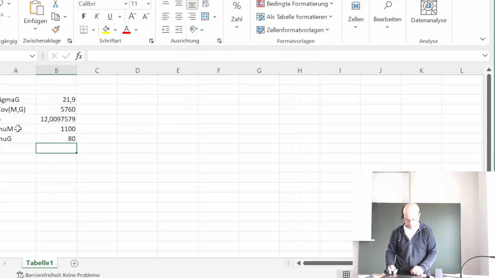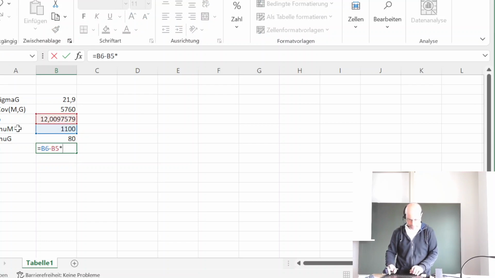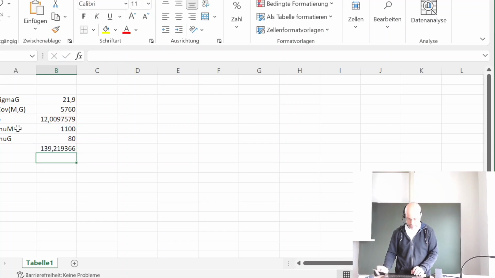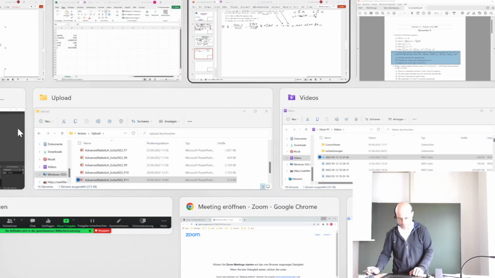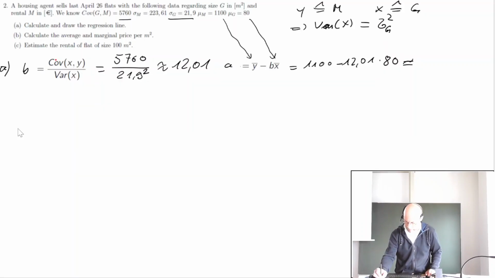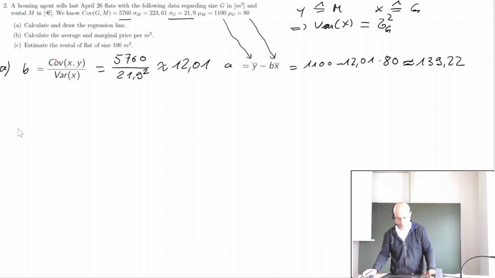So we obtain A is 1100 minus, and I'm calculating exactly, 12.01 times 80, which is minus 139.22.